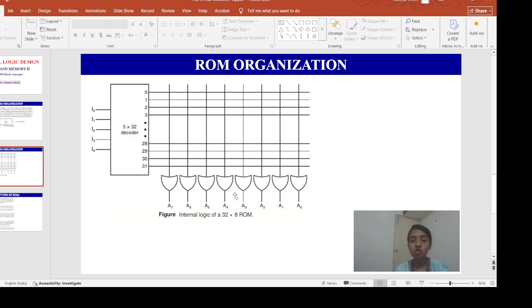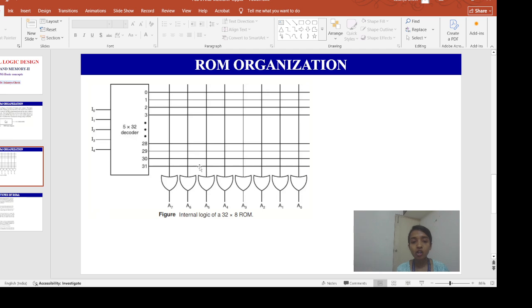And each output of the decoder represents the memory address. Okay, so it represents what? It represents the minterm of the input variables. So the 32 outputs of the decoder are connected to each of the 8 OR gates, right?